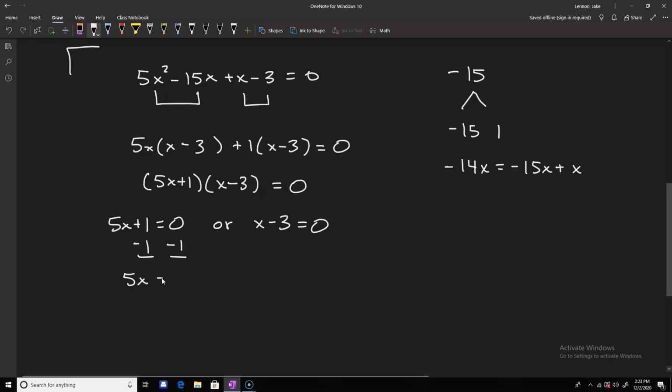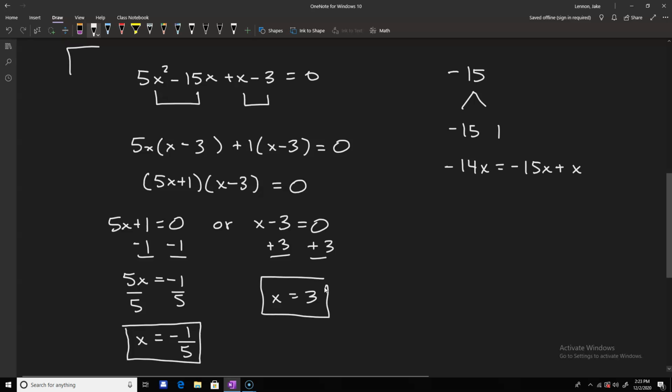So we have 5x equals -1, divide by 5. So x equals -1/5 is one of the two solutions, and the other one is just 3. Adding 3 to both sides, we get x equals 3. So our two solutions here are x equals -1/5 or x equals 3.